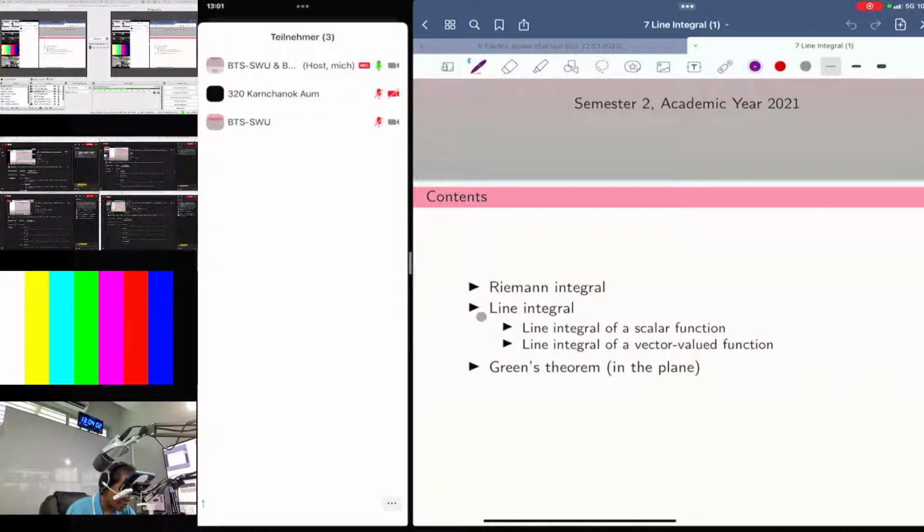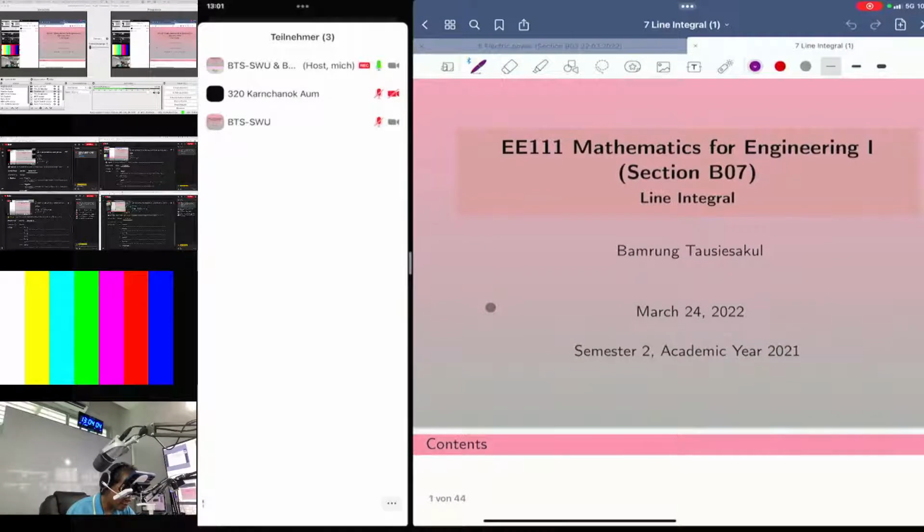Okay, this chapter is about the line integral. Actually, the name doesn't make so much sense, because it is actually about the curve integral, the integral when the path corresponds to the curve.